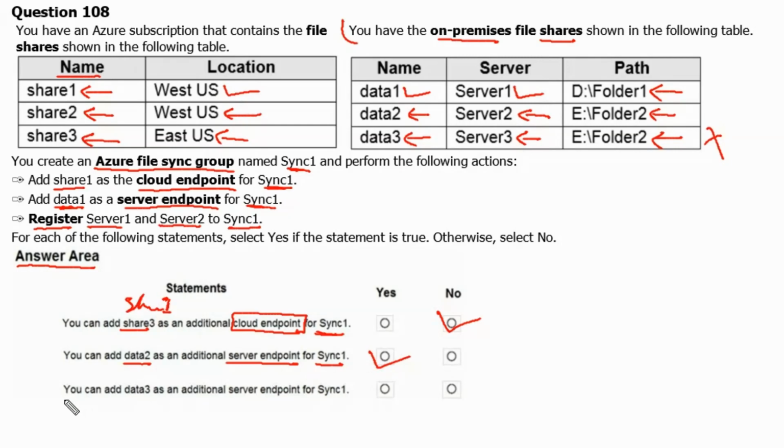Statement 3: you can add data3 as additional server endpoint for sync1. Yes, we could add data3 as server endpoint for server3, but there is one thing which we are missing, that server3 is not registered.